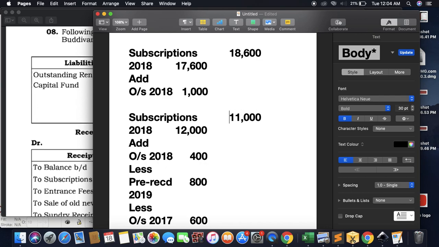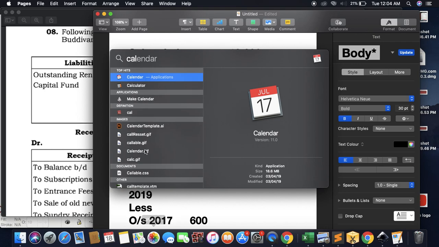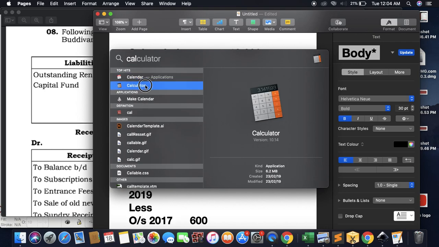Let's use a calculator and check if our calculation is correct.